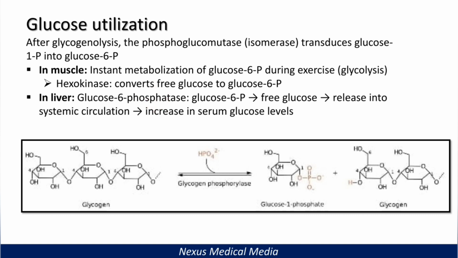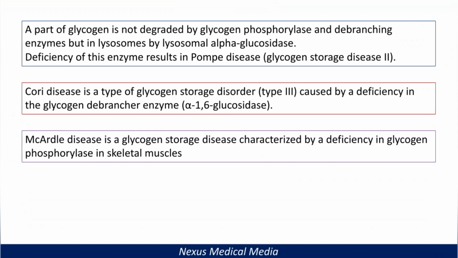So, but I remember right now I was talking about these lysosomal enzymes, right? So if you don't have this alpha glucosidase, you have Pompe's disease. Then Cori disease is a type of glycogen storage disease, type 3, that is caused by deficiency in the glycogen debranching enzyme. So if you don't have this debranching enzyme, you have Cori's disease.